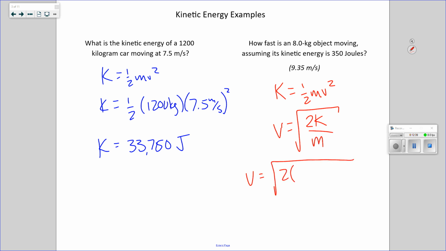Good practice. 2 times 350 joules over 8 kilograms. What do you get? You get the square root of 700 divided by 8, of course. And this object is moving at 9.4 meters per second. Fine? Fine.